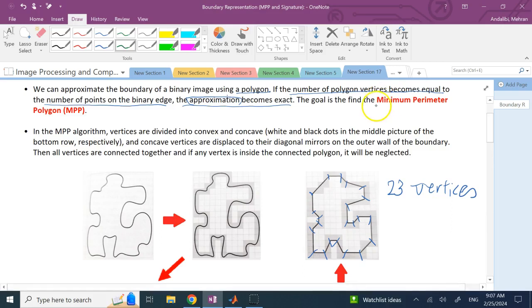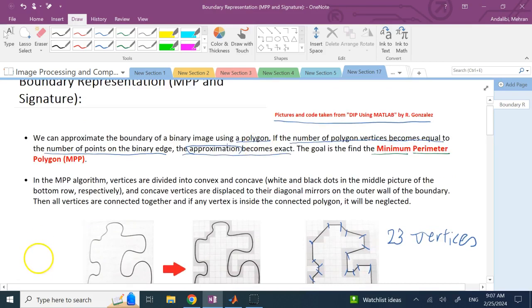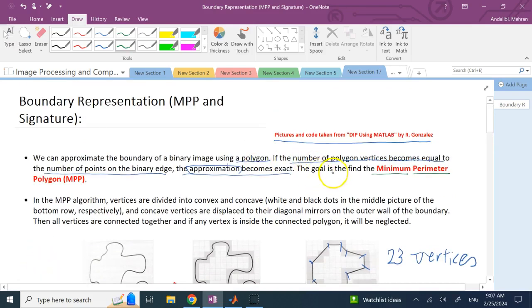And size is defined in different ways, like what? Area, perimeter, and so on. And the one that is typically accepted in literature is minimum perimeter. So the polygon that can represent this with minimum perimeter is one of the ones that is very accepted and common in the literature. So we use this method called MPP.